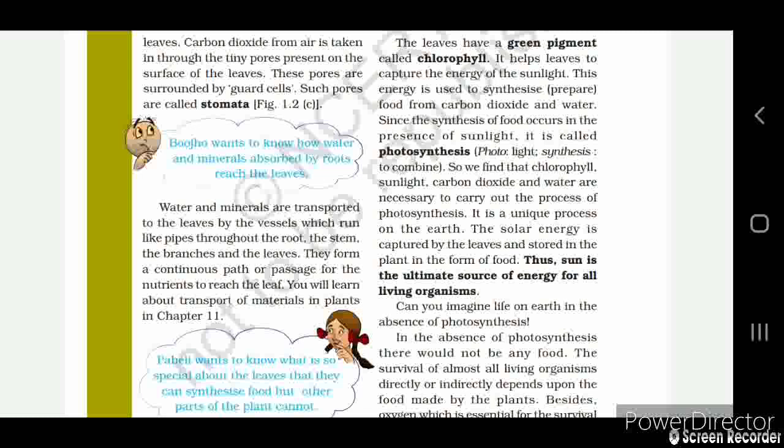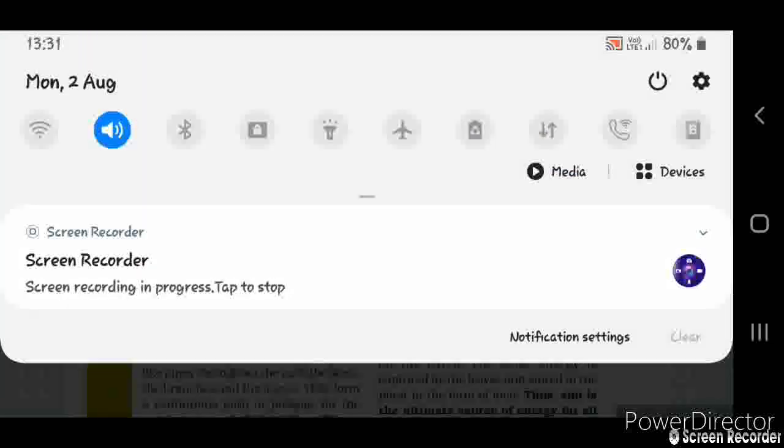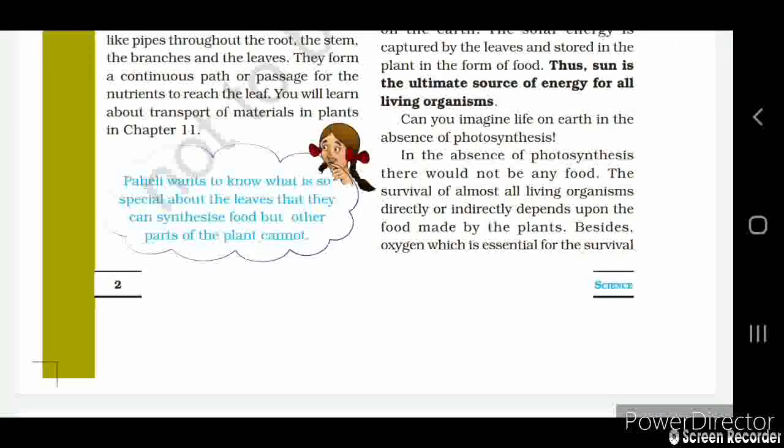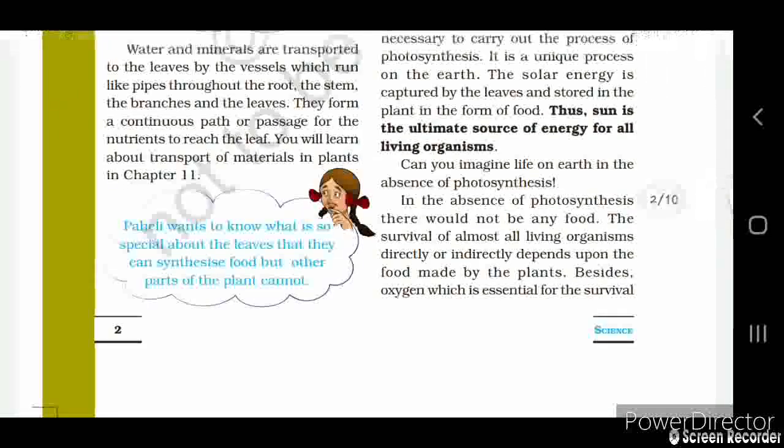Photosynthesis is a unique process on the earth, and the solar energy is captured by the leaves and stored in the plant. In the absence of photosynthesis, you will not be able to see any food prepared by plants.